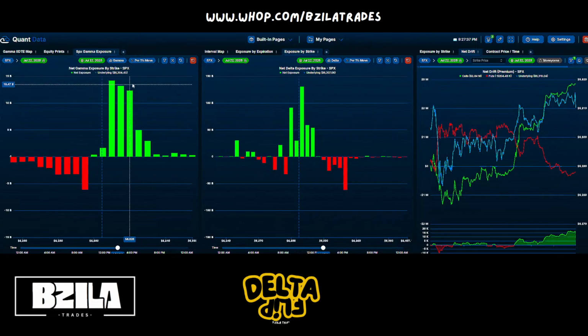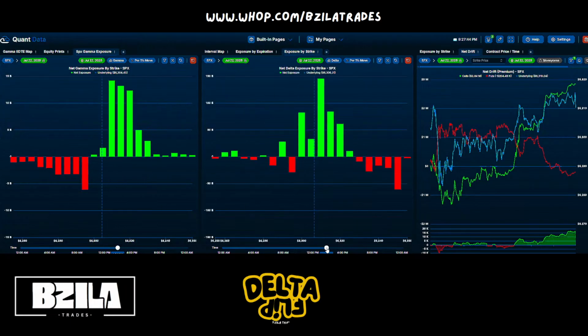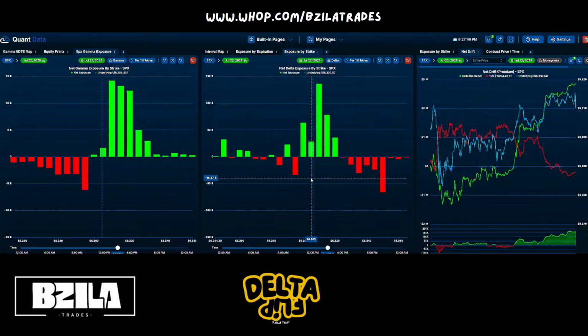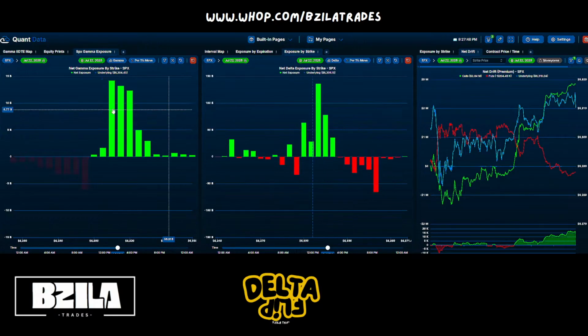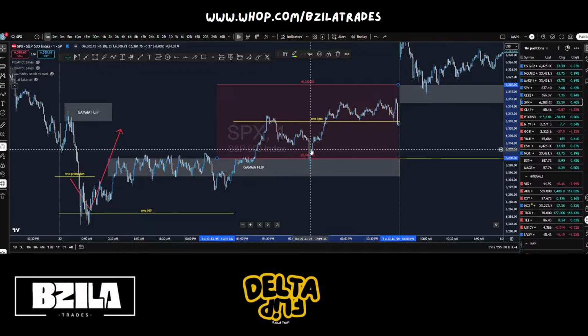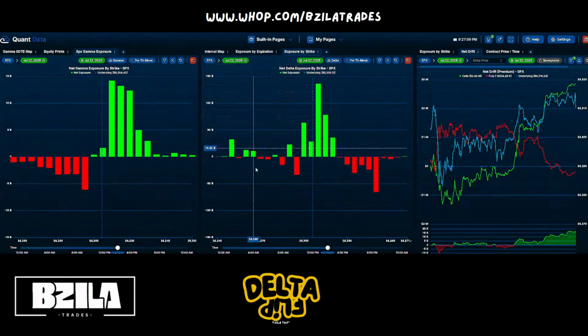So look at that tower. Have a wall, delta wall there. Gamma wall. Delta looked pretty good. And what was our next breakout? Up 2:19.